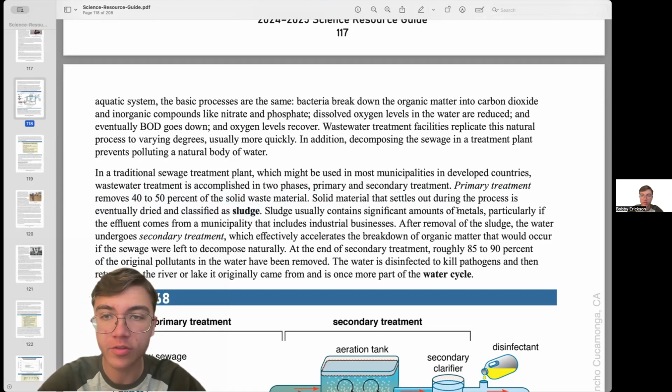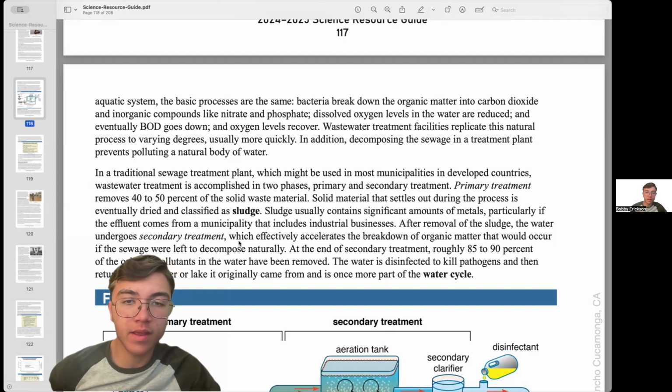And so this usually contains a lot of metals, especially if the sewage is coming from industrial businesses.